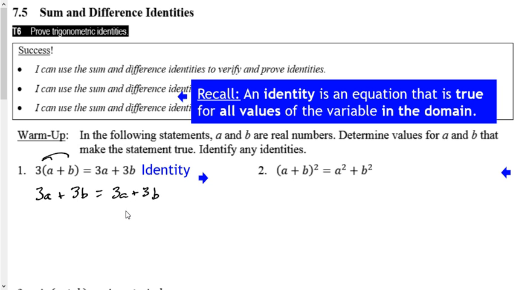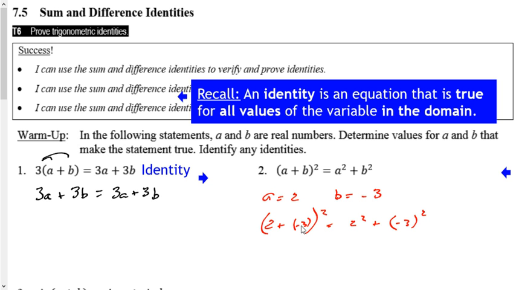Number two. Well, suppose I picked the same values. Suppose I again said A is equal to 2 and B is equal to -3. And I look at the left side, 2 plus -3, and then I'm going to square all that. And then 2 squared plus -3 squared, and evaluate each side.